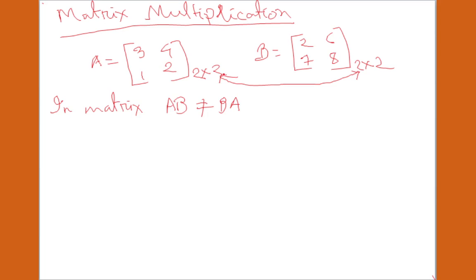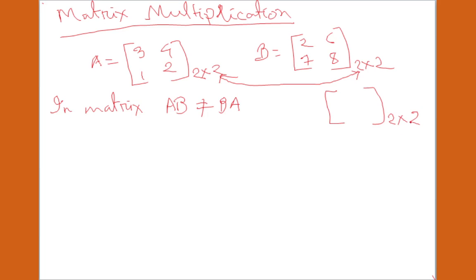So to multiply two matrices, this is the column number. Column of the first matrix must be equal to row of the second matrix, and order of the final matrix will be this 2 and 2. Order of the final matrix 2 by 2.